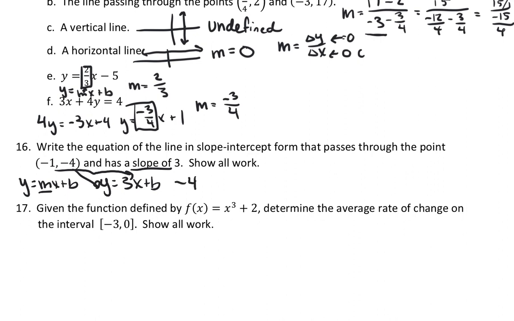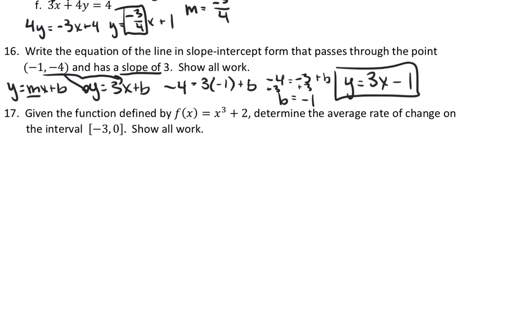So -4 is equal to 3 times -1 plus b. We have -4 is equal to -3 plus b. So b is equal to -1. So our final equation is y equals 3x minus 1.